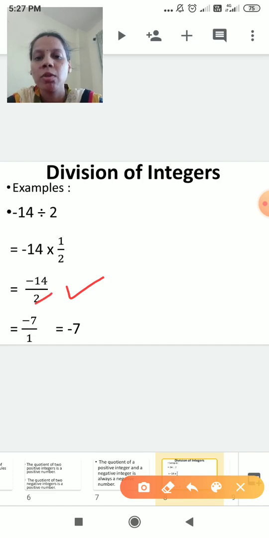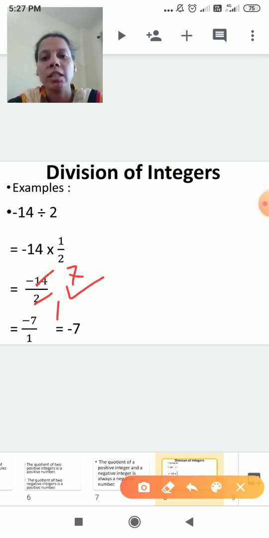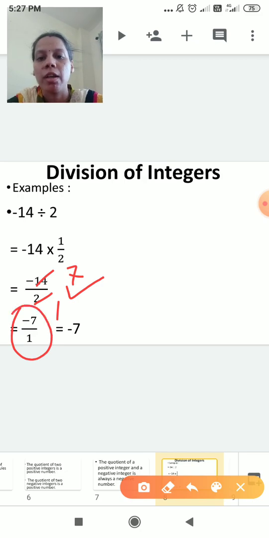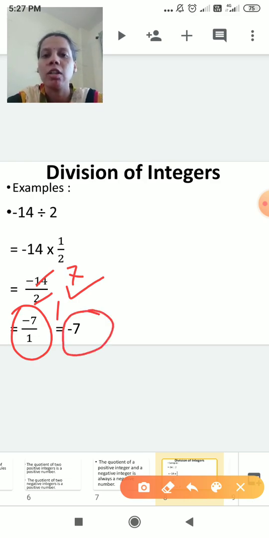Yes, correct. 2 ones are 2, 2 sevens are 14. So what is the answer here? Minus 7 upon 1, that is equal to minus 7. You can write down minus 7.